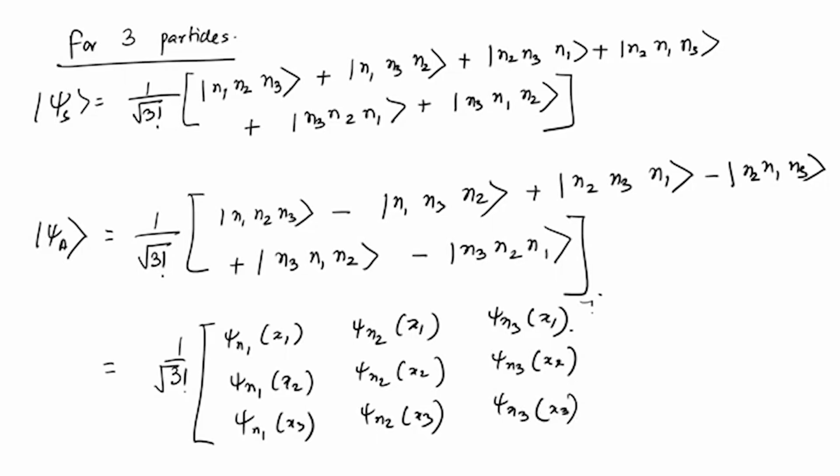Okay. Now, it is written correctly, and it is the Slater determinant. So, we should simply draw a vertical line there. So, this is for 3 particles, and you can extend it to a larger number of particles.